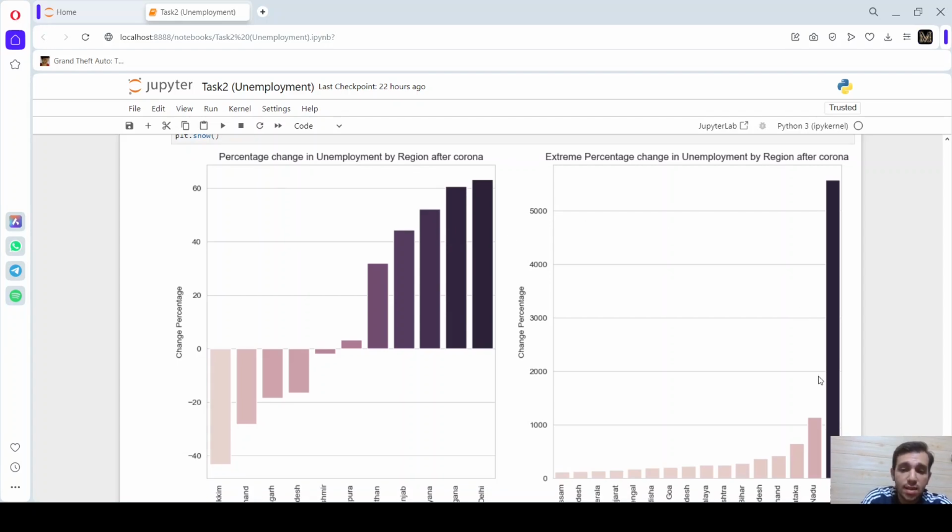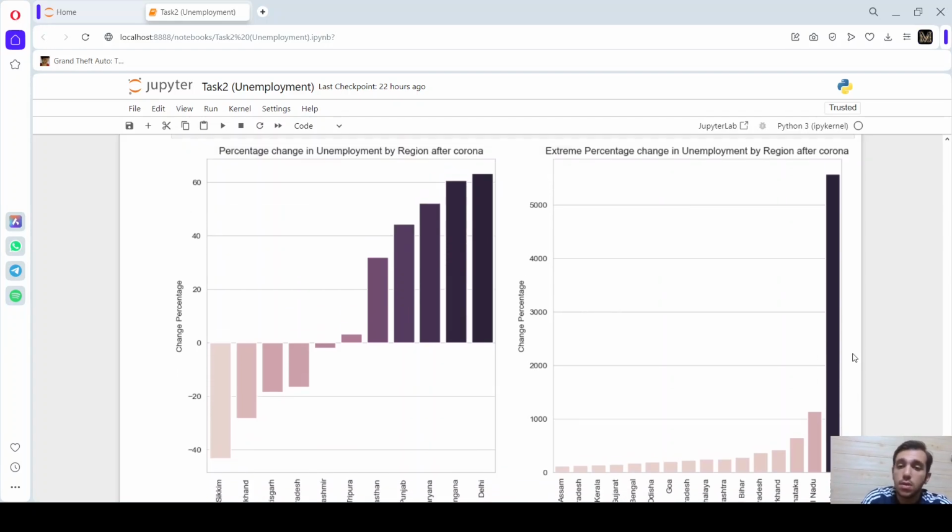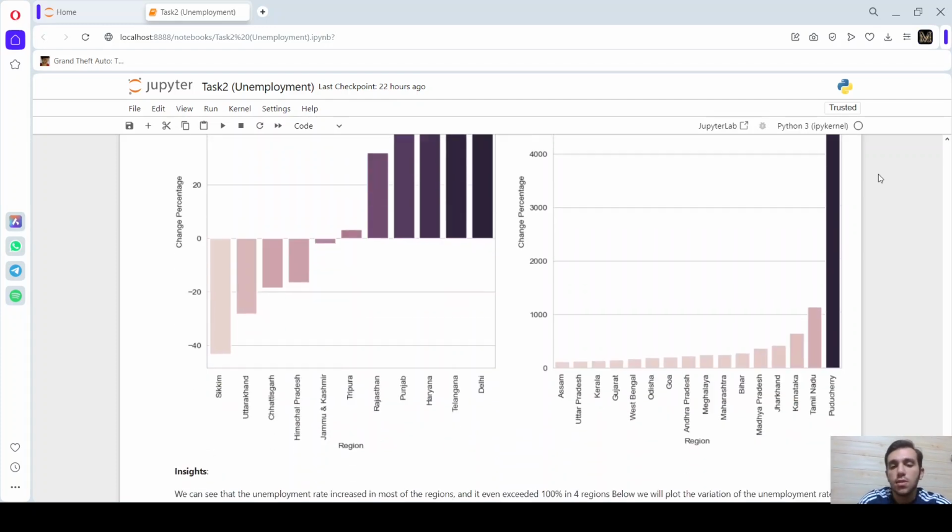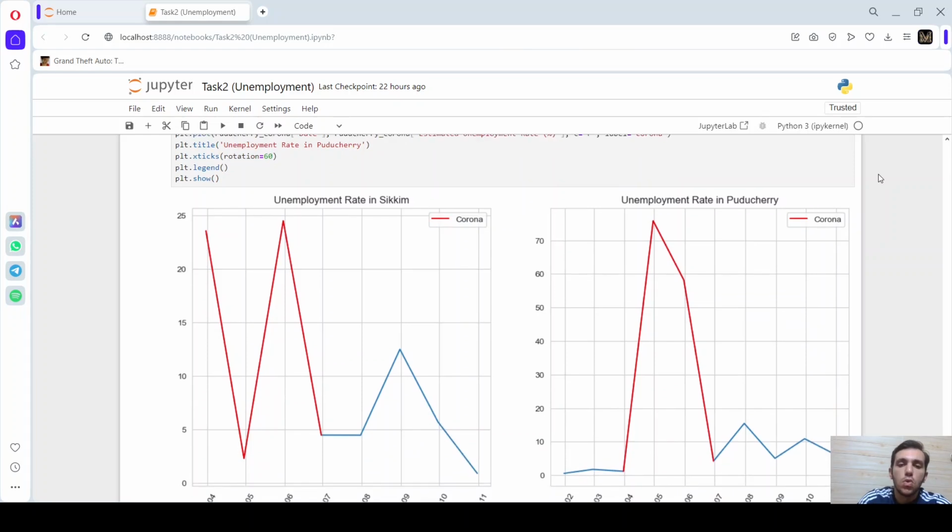And here we can see that in Puducherry, for example, the unemployment rate went as high as 5,000%. So this means that Puducherry was actually an area where the unemployment rate was too low, maybe like 1% or so, and then went too high, reaching maybe the 80% or 70% outliers. And that's why we can see that the increase is like 5,000%, and that's because initially it has like a null unemployment rate.